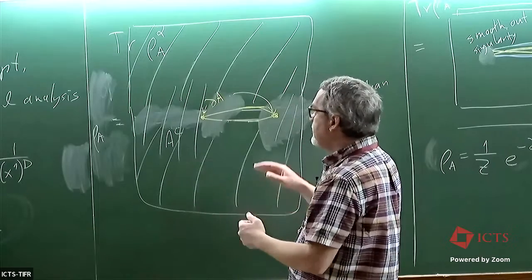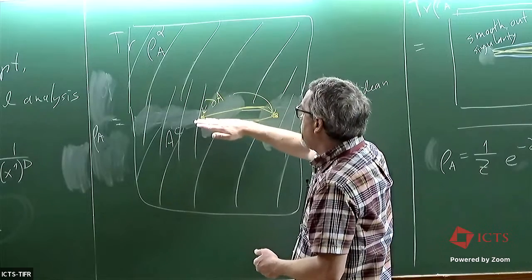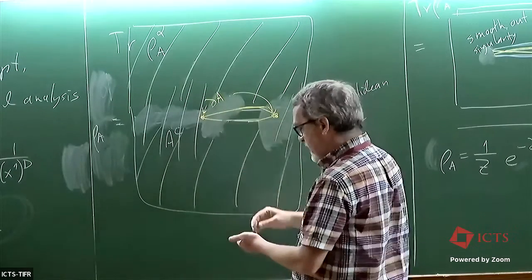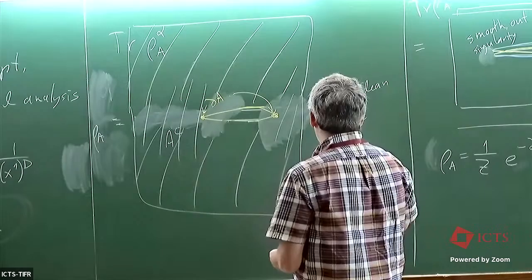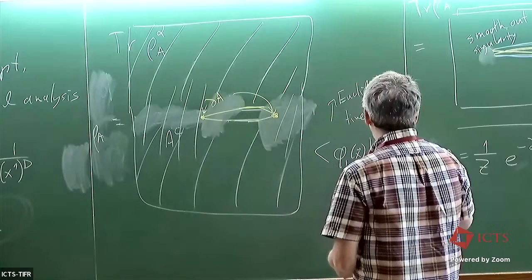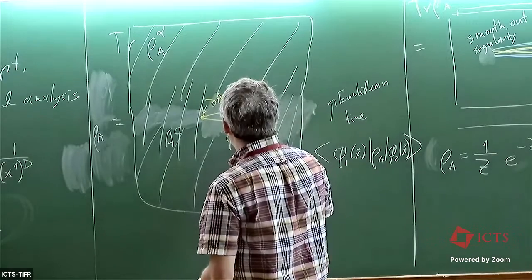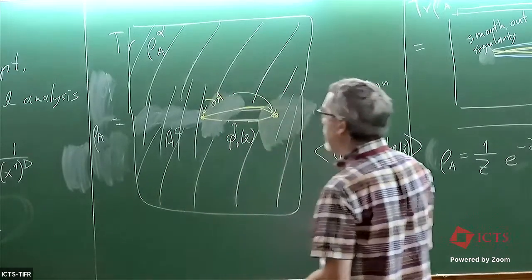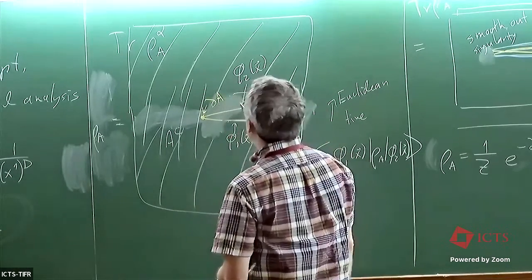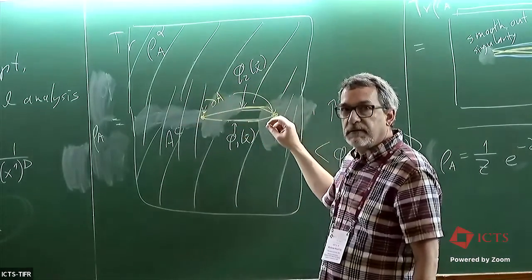So you fix a wave functional, sorry, you fix a state of the field on the bottom boundary, and that's your bra. So you would have like phi1 of x, rho sub A, phi2 of x, okay? And you put phi1 of x on the bottom boundary, and you put phi2 of x on the top boundary, and then you compute the path integral with those boundary conditions.